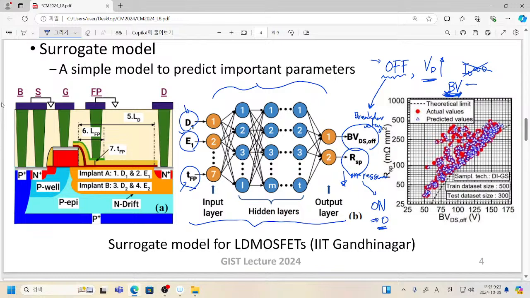Of course, they have a trade-off relation. If you want to have a high breakdown voltage, the way is quite easy. If you introduce a very long region with relatively low conductivity, then you can easily increase this breakdown voltage.